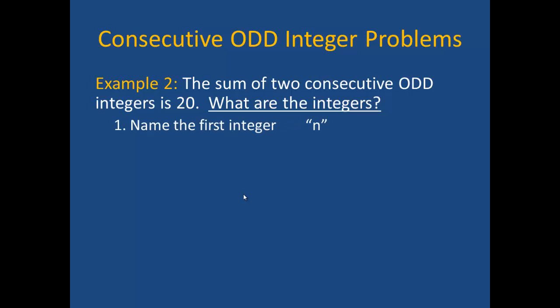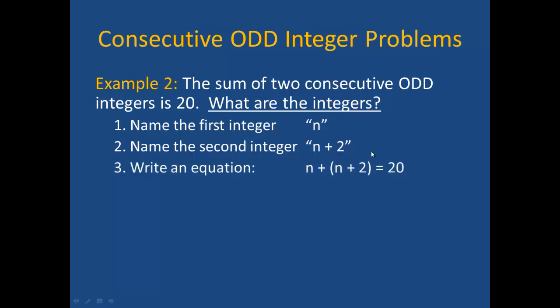But this time, I'm looking for the next odd integer. So I would actually have to move 2 units on the number line. For example, if I started with the odd number 3, and I want the next odd integer, it would be 5. So instead of adding 1 to get from 3 to 5, I have to add 2.